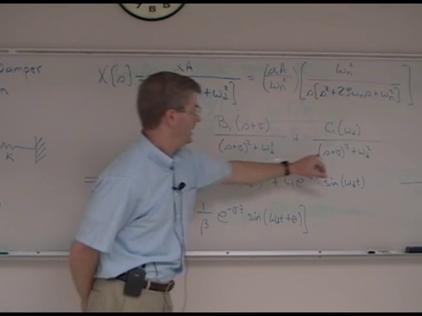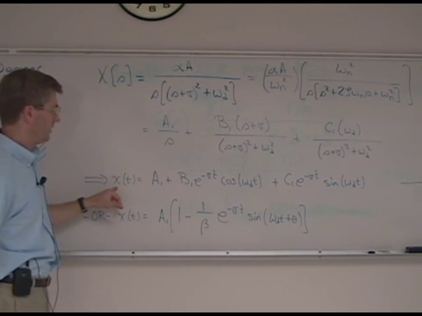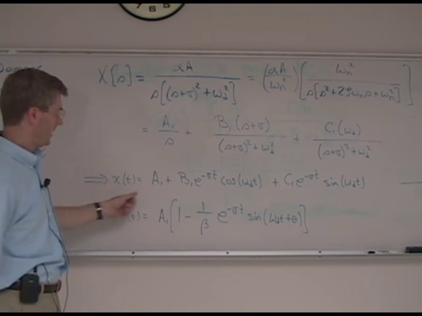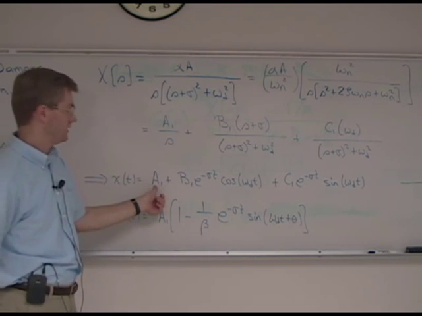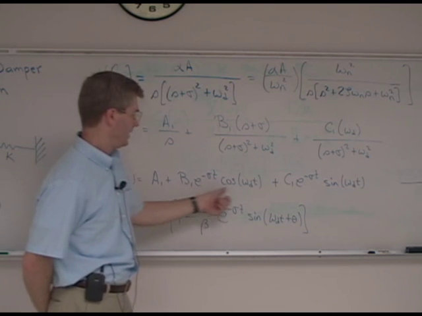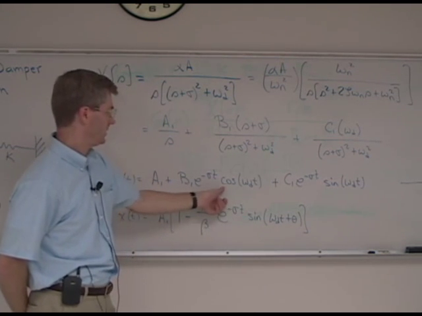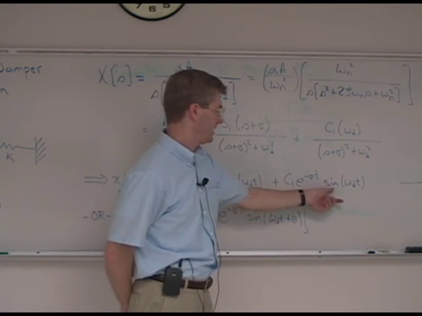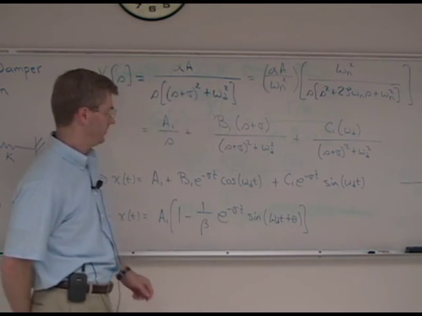Written in this way, we can immediately think of our position signal, x of t, of the mass being made up of a constant plus an exponentially damped cosine with the gain b1 and an exponentially decaying sine with the gain c1.